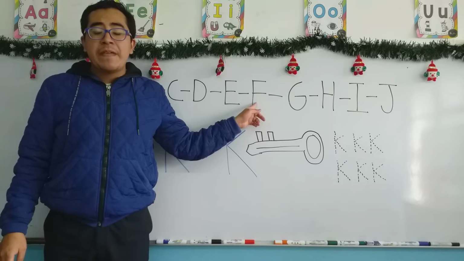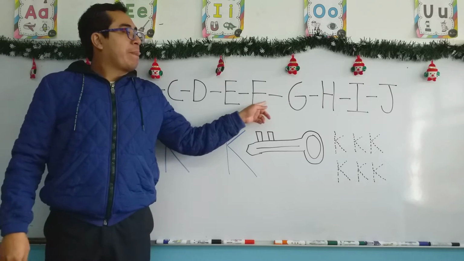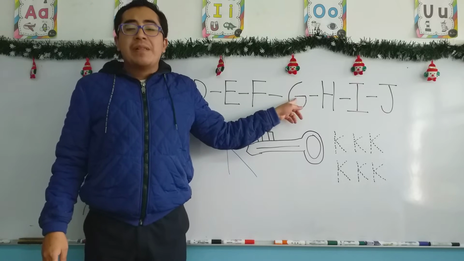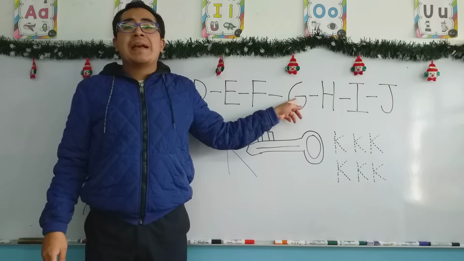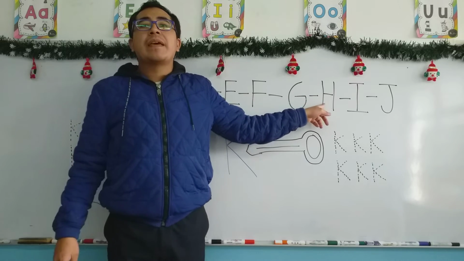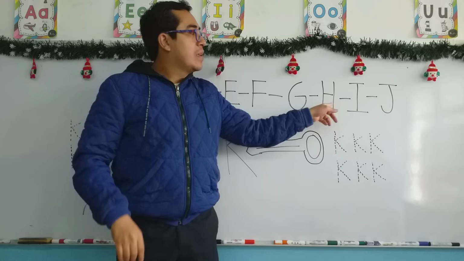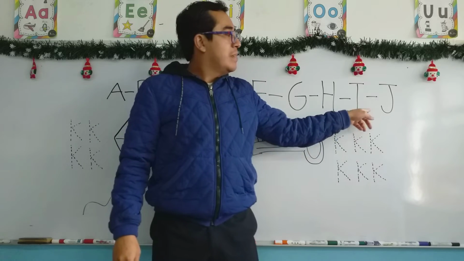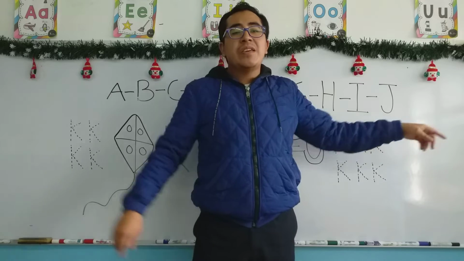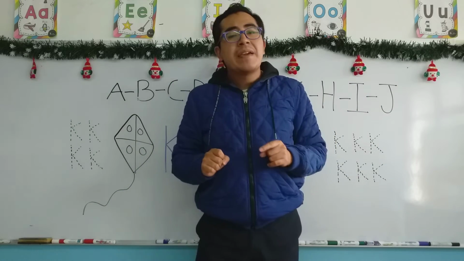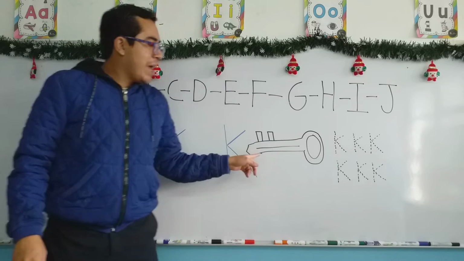Capital F, fish. Capital G, girl, grandmother, glass. Capital H, hand. Capital I, insects. Capital J, jacket. And the letter of today, capital K.